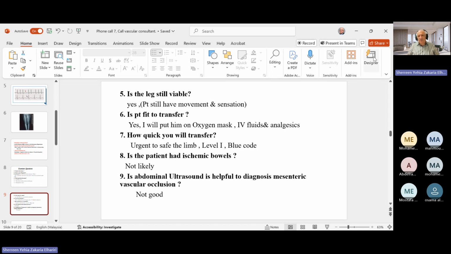Suppose you speak to the consultant in your hospital and tell him this patient has mesenteric vascular occlusion. Is mesenteric vascular occlusion treated by vascular or by general surgeons? General. So the examiner tells you, can you sort out the mesenteric vascular occlusion first, and after you sort it, you can send the patient to me.